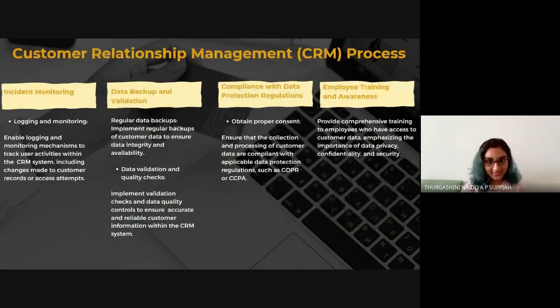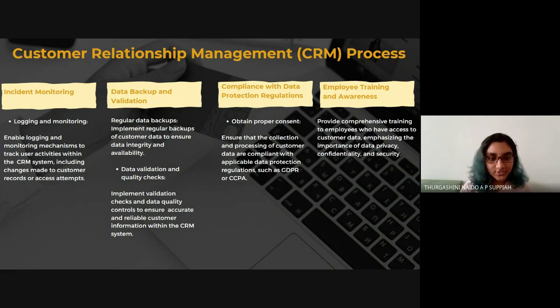The third one is the customer relationship management process. For incident monitoring, the first is logging and monitoring, where we log and monitor the machines to track user activities. Then data backup and validation.